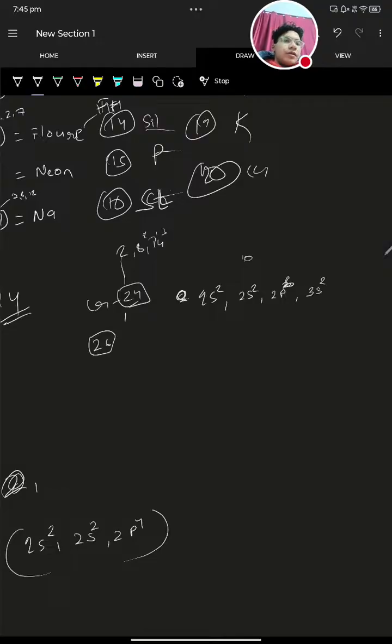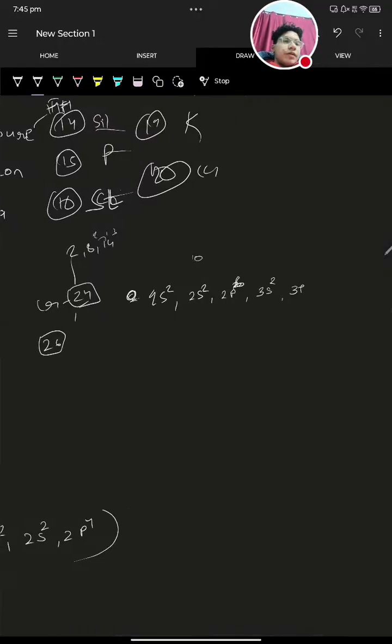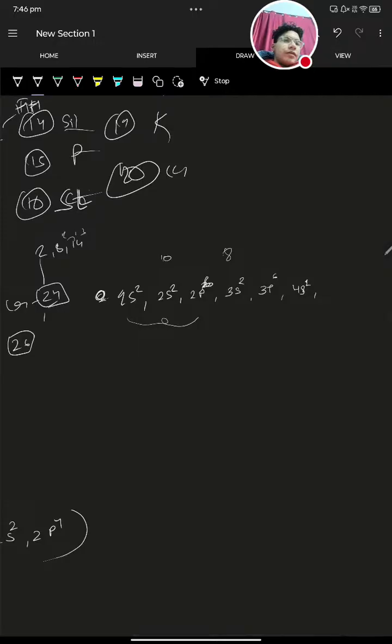Now 3s square, 12, then 3p 6, 18. Then comes 4s, so 19. I'm left with 7, so it would be 3d7.